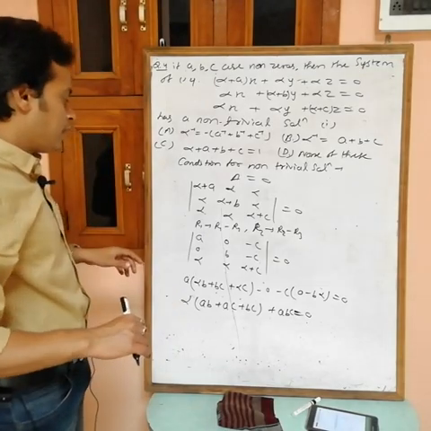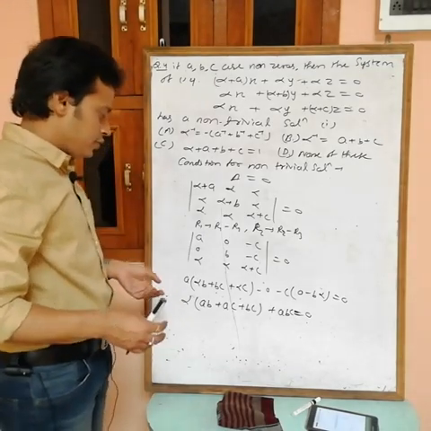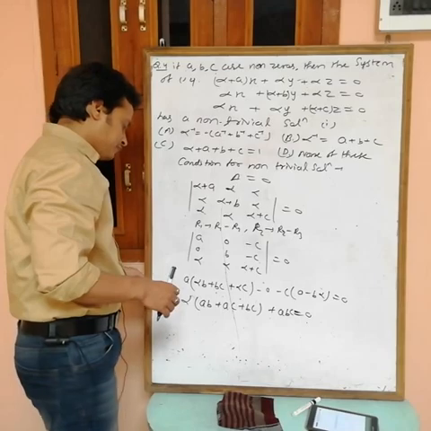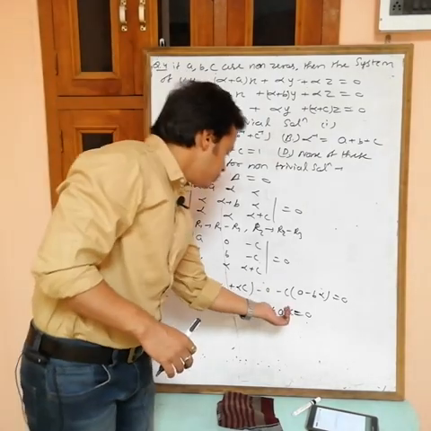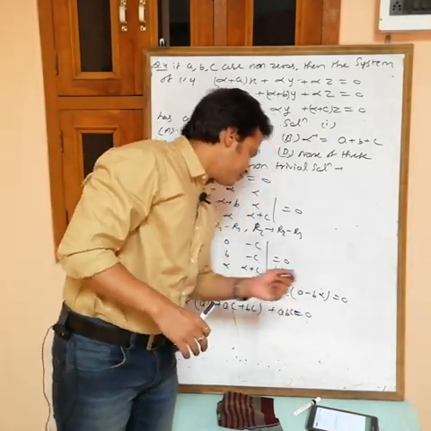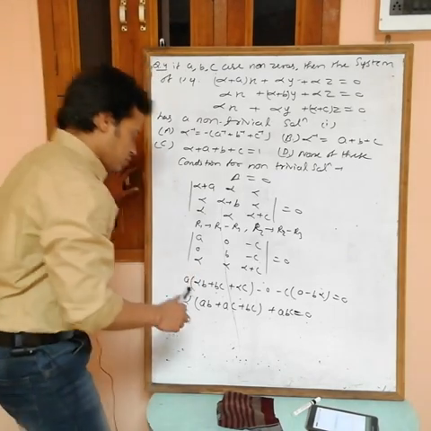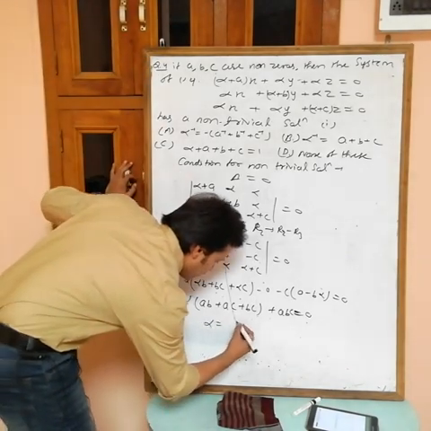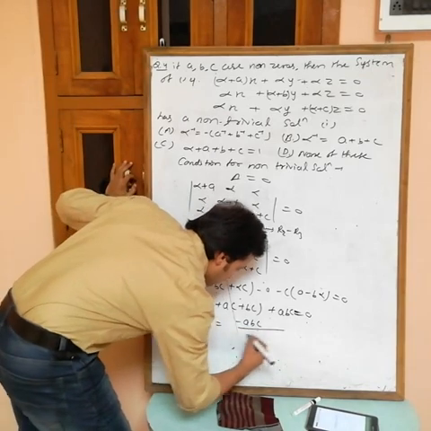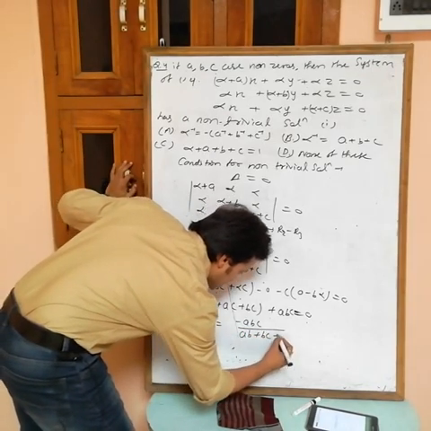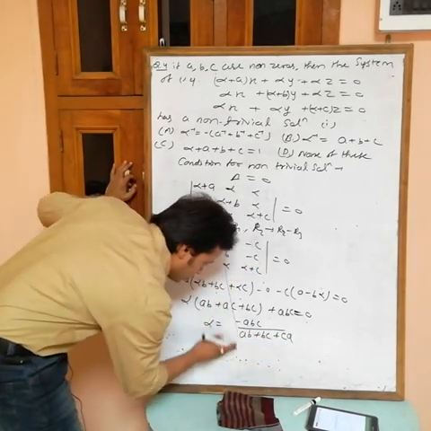Now what do you want? The value of alpha inverse. So first put ABC on this side. Alpha equals minus ABC by AB plus BC plus CA.